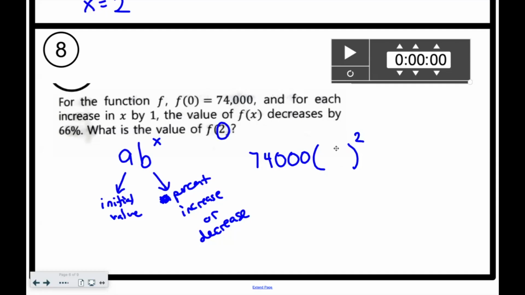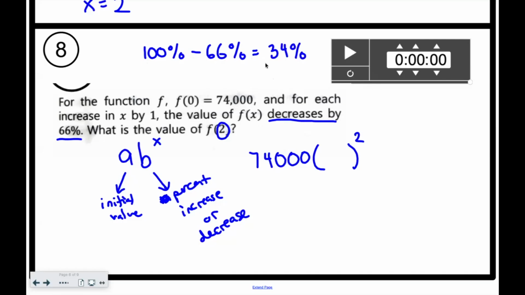So what I really want to go over in this problem is how to get this number here. This is the number that represents something that decreases by 66%. We've definitely done this before when it comes to percent increase and decrease. To recap, if you do nothing to something, you're keeping 100% of it. And if we're decreasing it by 66%, then that means we're keeping 34% of it.